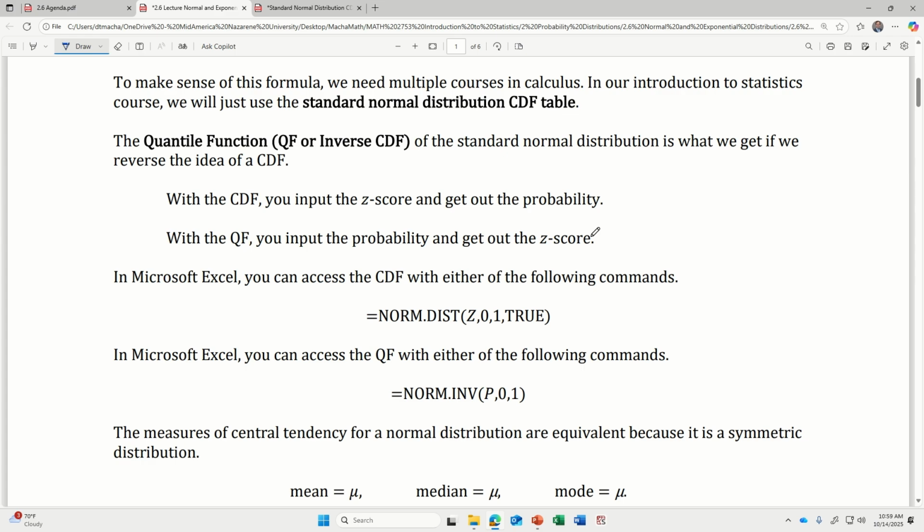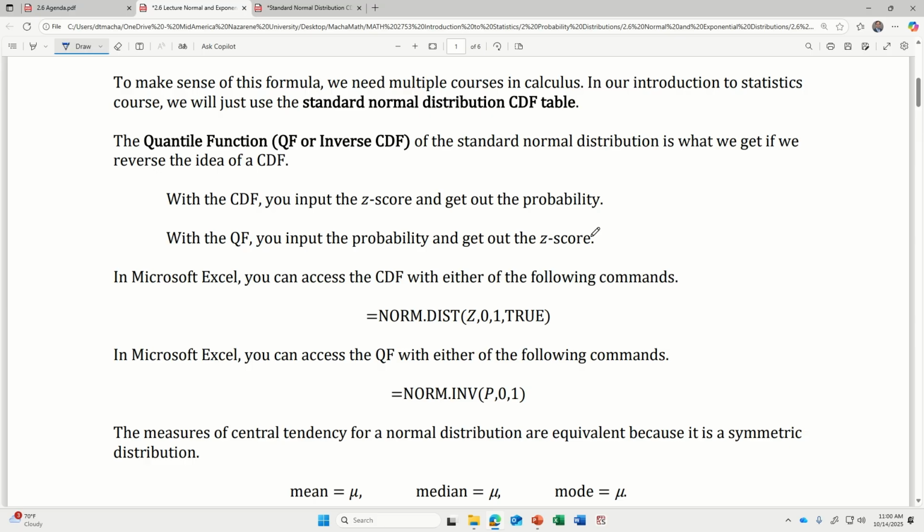But with a quantile function, you input the probability, and on the table you look up the corresponding z-score that represents that threshold. The probability of being less than that z-score equals the probability that you input. So we'll do some problems with that too.